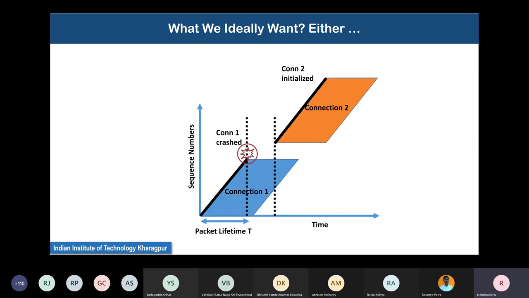Well, one of the options is that you start at a connection 2 value which is much higher than the connection 1 value, much above this forbidden zone parallelogram. The point at which connection 1 crashed had some value, and those packets with lesser values will remain alive in this parallelogram zone, in this time duration.